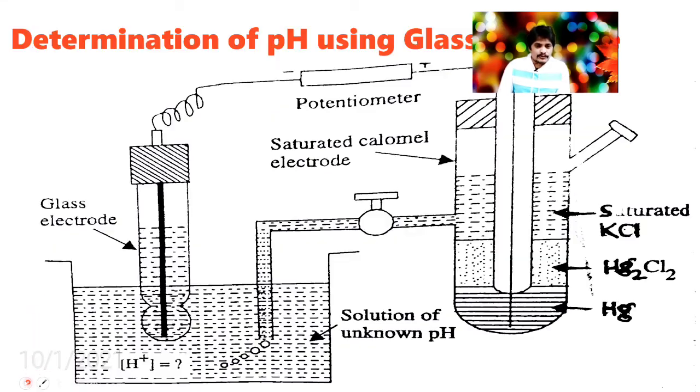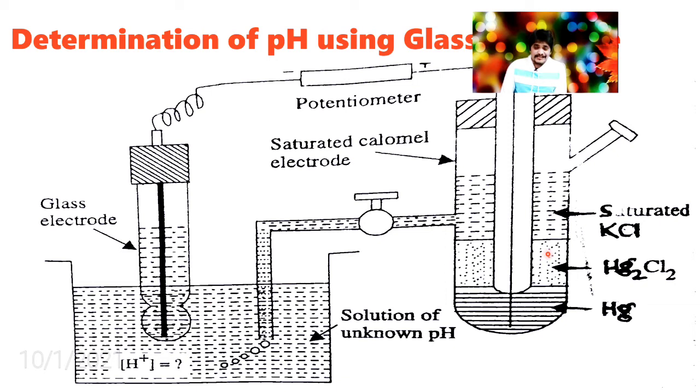In order to determine the pH of the unknown solution using the glass electrode, we need to couple the saturated calomel electrode with the glass electrode. I have already discussed that the saturated calomel electrode always acts as a cathode and undergoes reduction, whereas the glass electrode acts as an anode and undergoes oxidation.